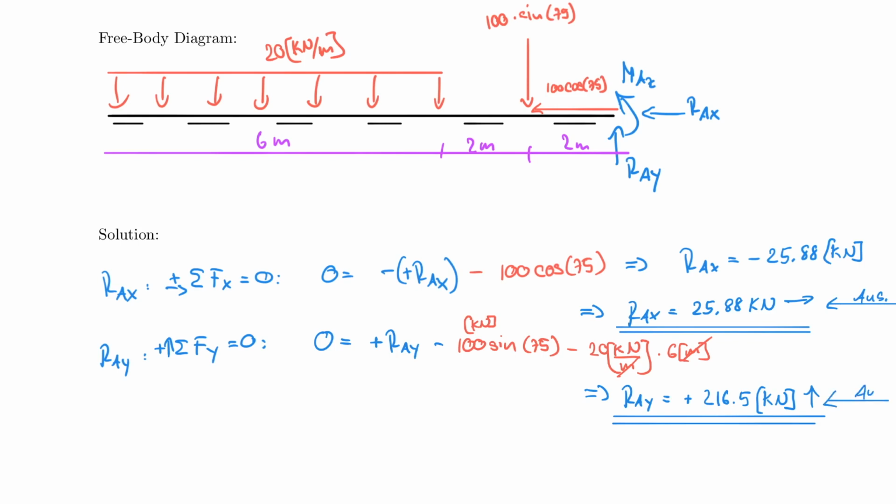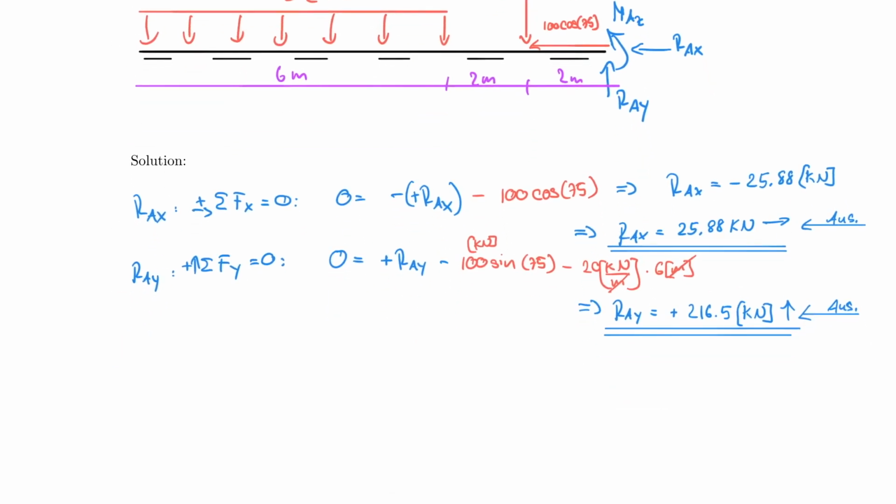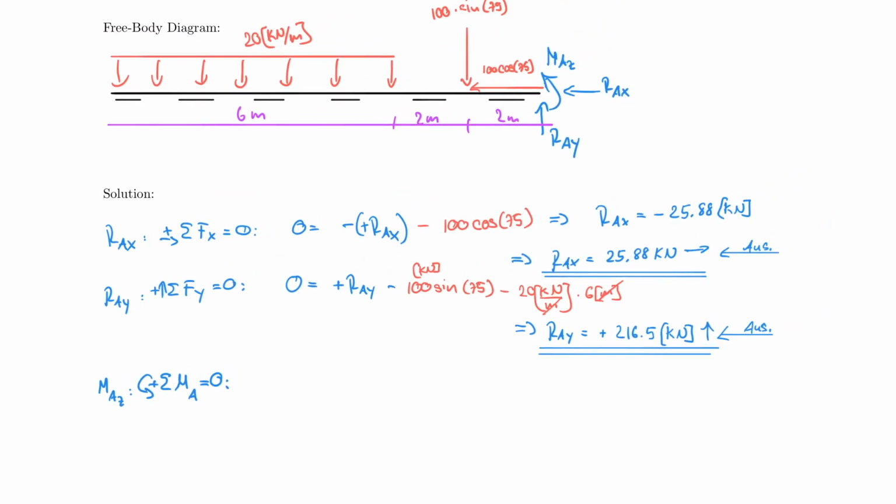And my last result now is the moment, which I calculate by the sum of the moments. So to find MA about the z-axis, I use the sum of the moments about point A in this case. And now it becomes sometimes initially confusing for students because it's the first time that they have to rotate about the other side of a cantilever beam, but you will see it's not that difficult or that different.